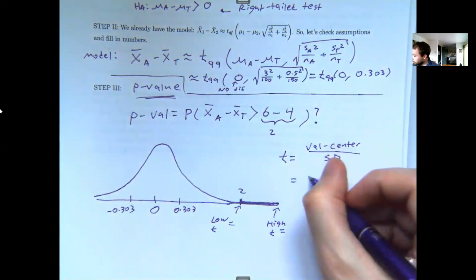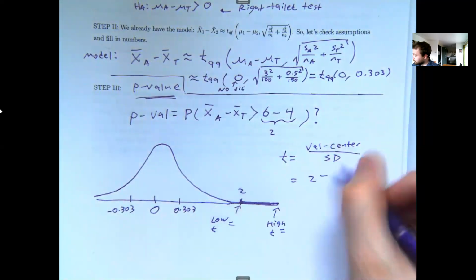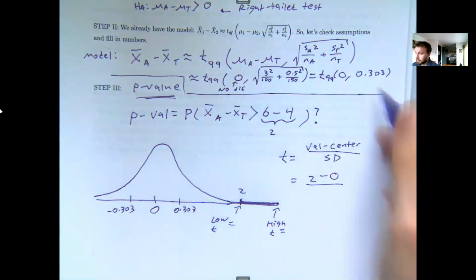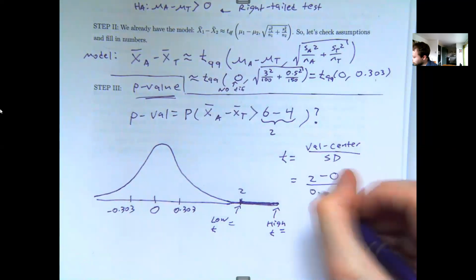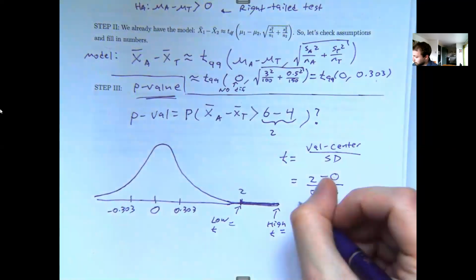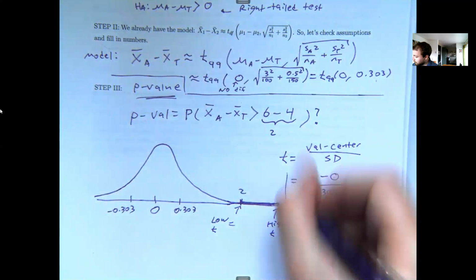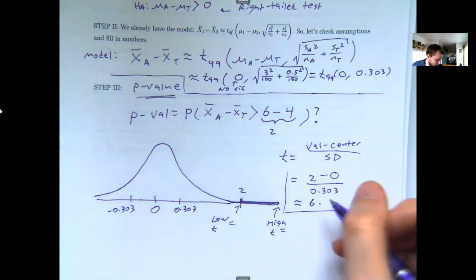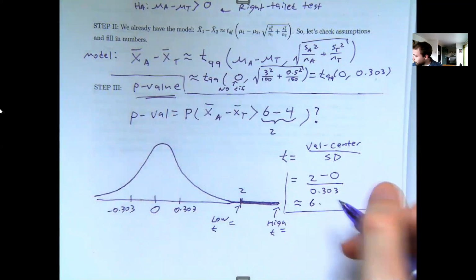My value was 2. My center is 0. My standard deviation is 0.303. Typing this into a calculator, I get a t-score of 6.60.